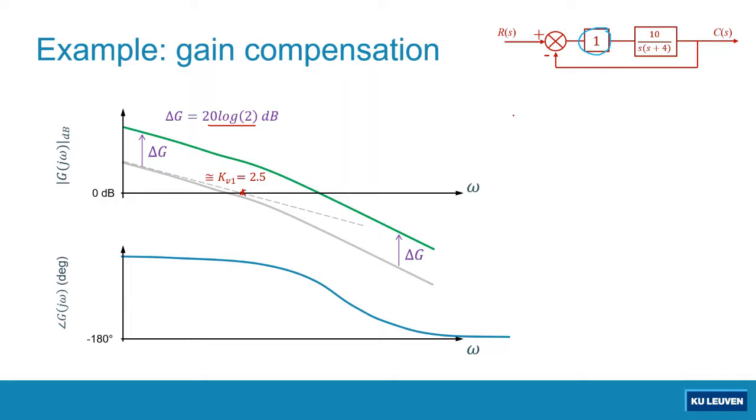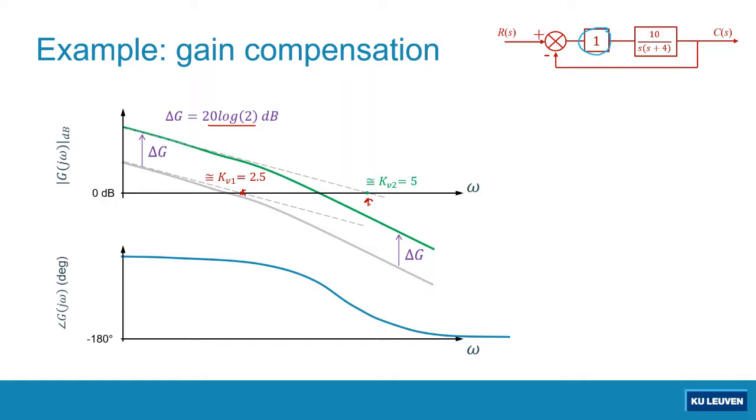Same thing, you can analyze the new static velocity error constant by extending the asymptote of the magnitude plot at low frequency until it crosses the frequency axis, and this frequency will tell us the new KV. The new KV apparently is equal to 5.